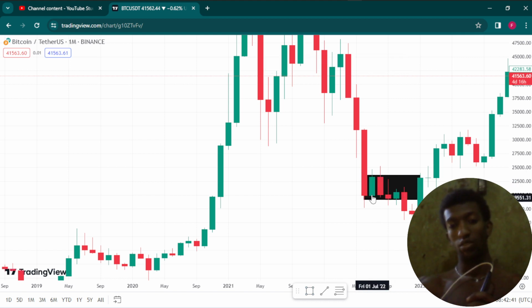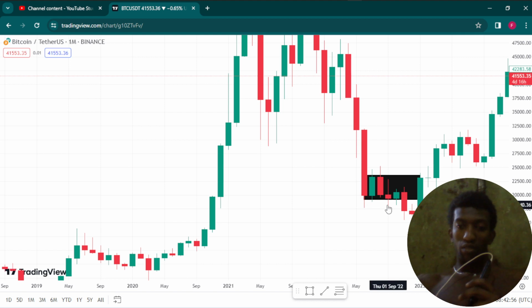This is a consolidation. We got 1, 2, and this candle made it out up, right? And this candle's wick is equal to the previous candle's low, so it is even better, it is above this candle. It didn't break this low.